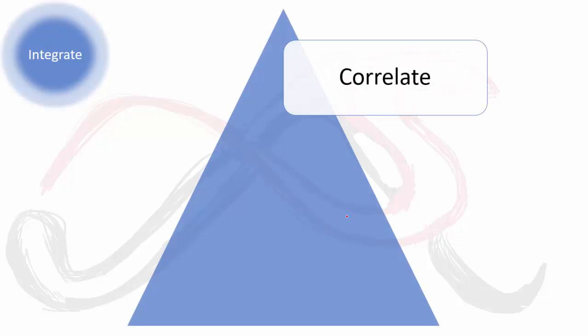The next I is to integrate. Whatever you're studying has got several correlations, and you need to correlate the topic to other such topics. Like, for example, if you're reading something in medicine, that medicine topic will definitely have certain correlations in pharma, that will definitely have some correlations in pathology, and some correlations in, say, maybe biochemistry. So you need to establish these correlations.